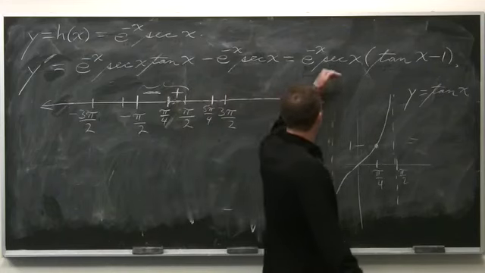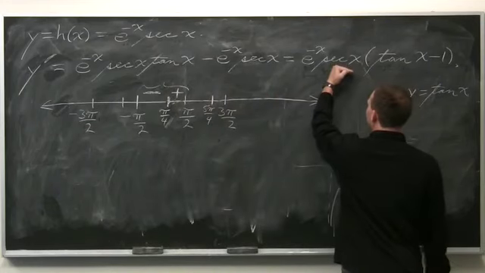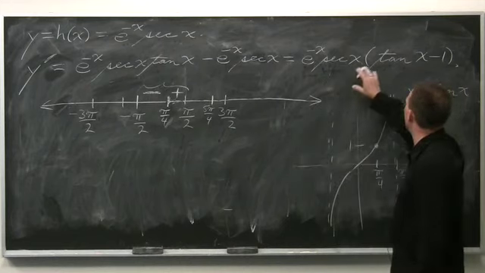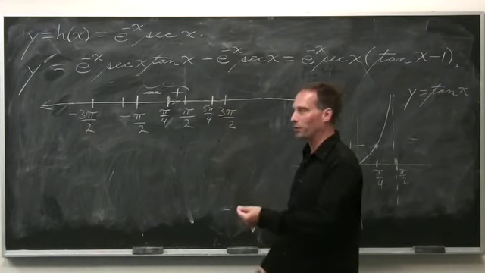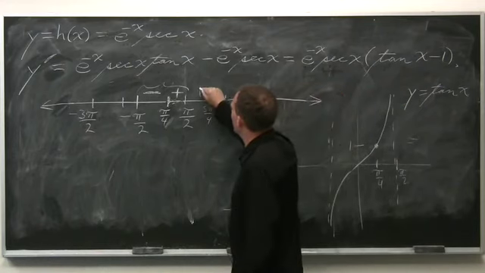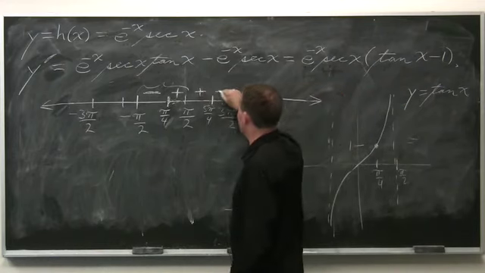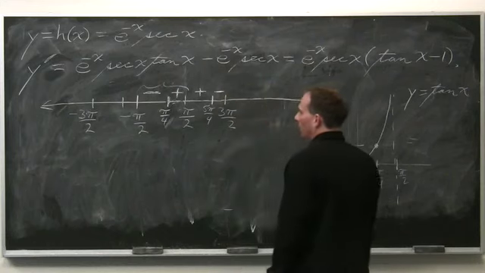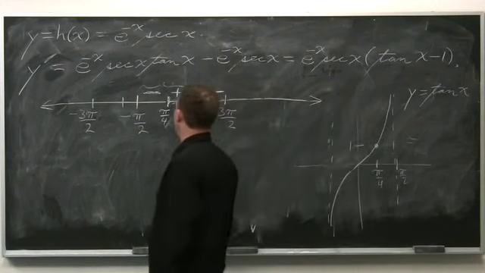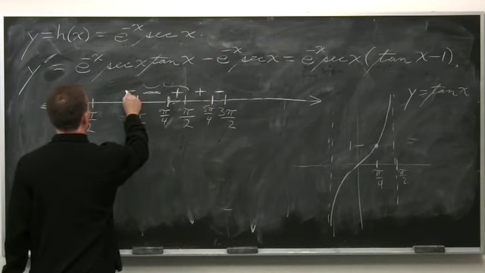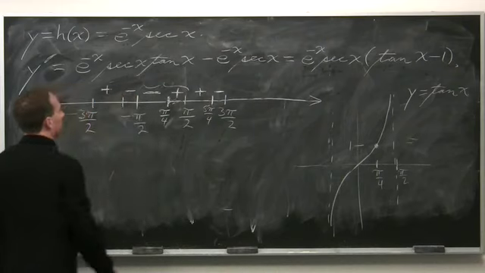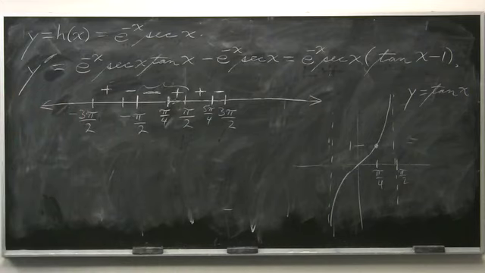There, cosine is negative. This does what it did before. It goes negative, positive. But now it's multiplied by another negative, and you get a positive, negative. So this kind of thing keeps happening, and you can verify that the signs do this.